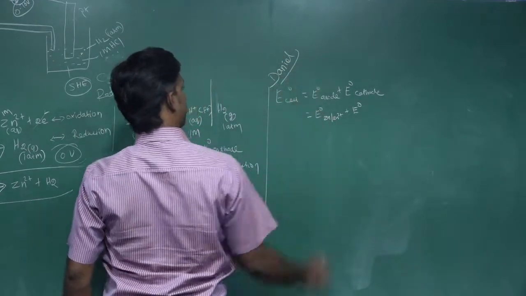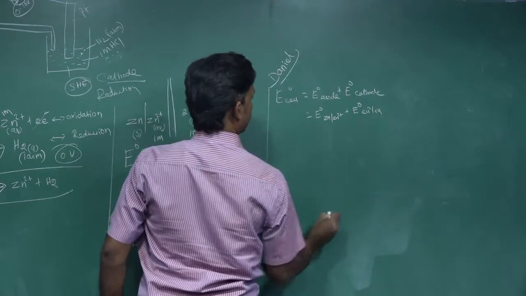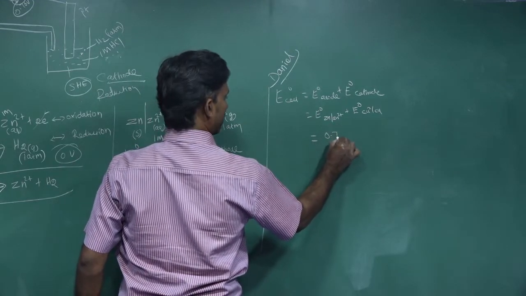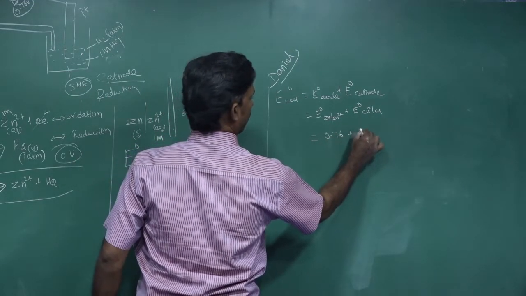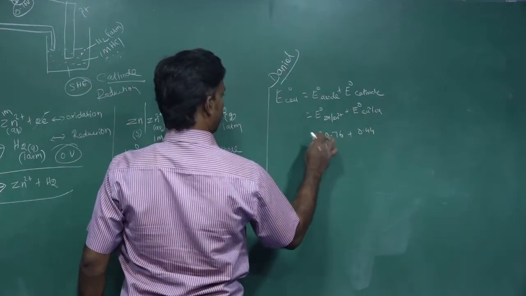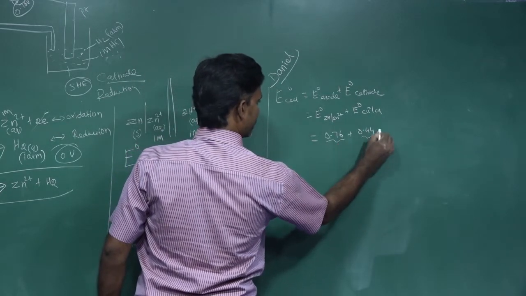The cathode is copper 2 plus to copper. The values are already given; if you experiment, you find 0.76 plus 0.44 volt. For zinc, 0.76 is the oxidation potential, and for copper, 0.44 is the reduction potential.